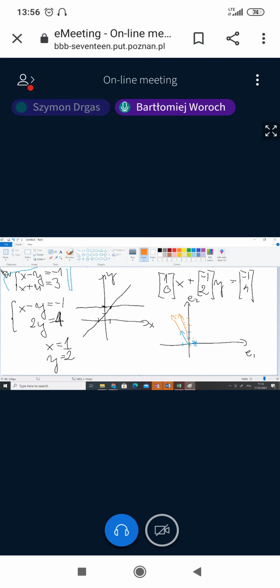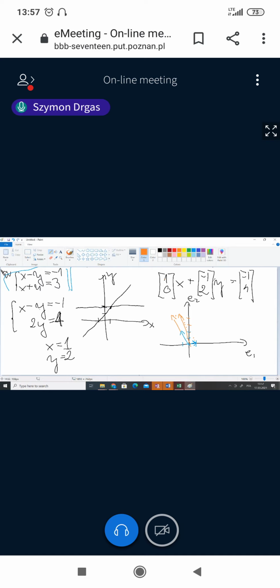Sir, one question. What is the interpretation of the E2 and E1? Is E2 for the second vector and E1 for the first vector? No. E1 is the axis for the first components of these vectors, and E2 is for the second components of these vectors.